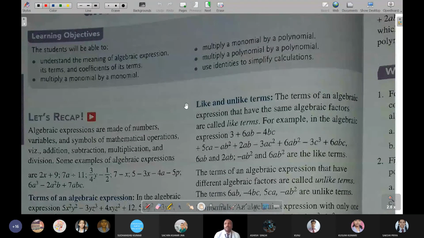Now terms you can say the combination of constant and variable with only multiplication or division sign is considered a term, and they are separated from each other with addition or subtraction sign. If a two-term algebraic expression is there, then in the middle there must be a plus or minus sign which will be separating both the terms. Getting me? Okay, sir.